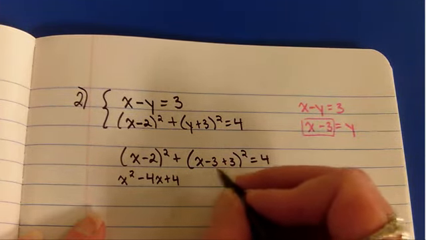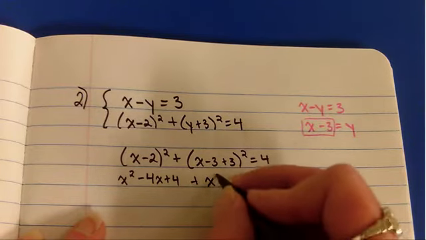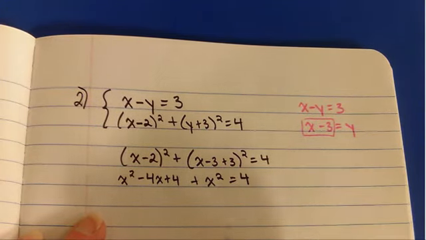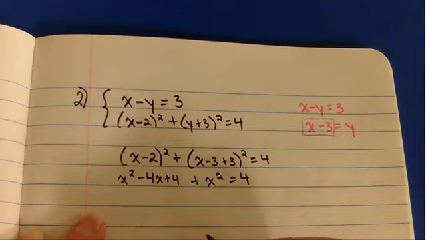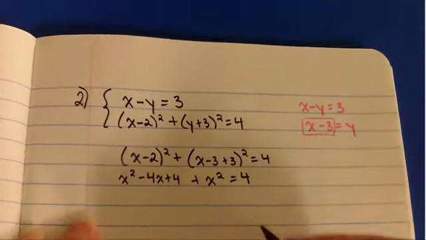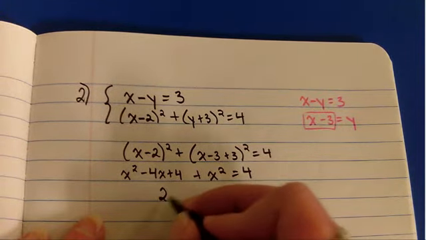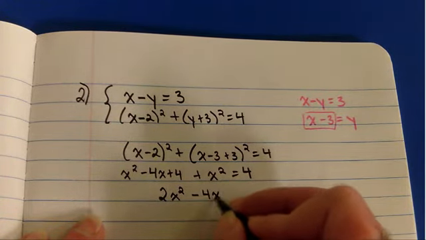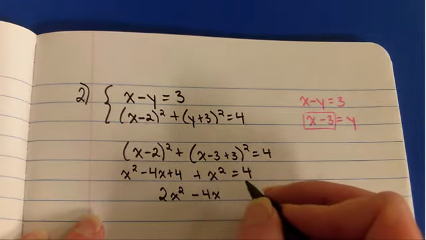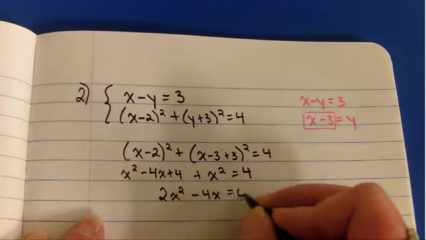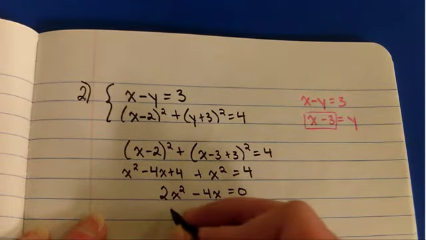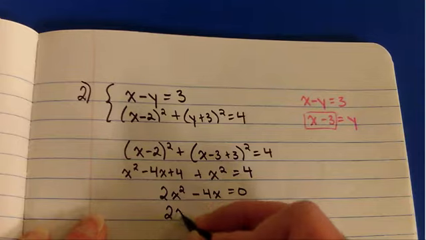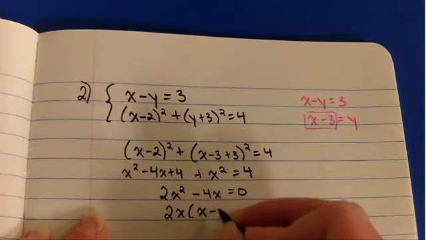Over here, the 3's are going to cancel, so I'm just going to have an x squared equals 4. That turned out nice. So that gives me 2x squared minus 4x. Oh, the 4's are going to cancel. That's nice, too. I can factor out a 2 and an x from each term.